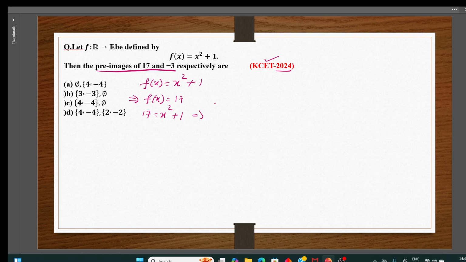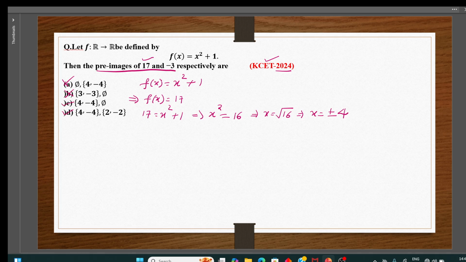So this plus 1 is transferred to the left hand side and x square is equal to 17 minus 1, which is 16, and x is equal to square root of 16. So x is equal to plus or minus 4. What is the pre-image of 17 here? Plus or minus 4. Is there any such option? So this option is deleted, this option is deleted, and this option or this option remains.